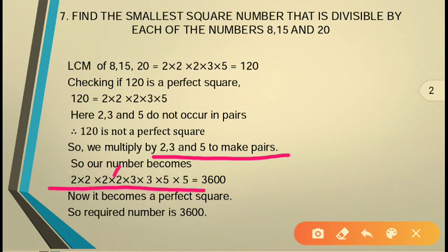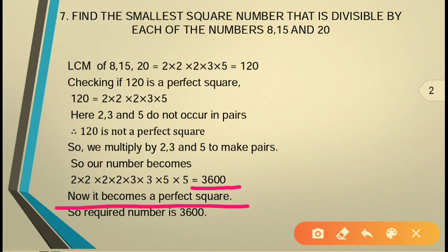We have multiplied one more 2, one more 3 and one more 5. Now when you multiply it, you will get 3600. Now it is a perfect square. 3600 is a perfect square because all digits have their pair. So the required number is 3600.